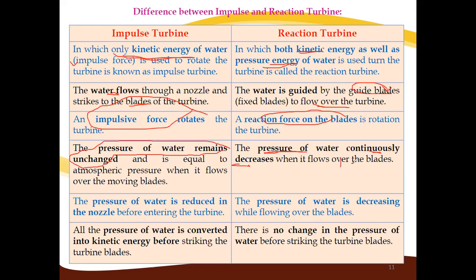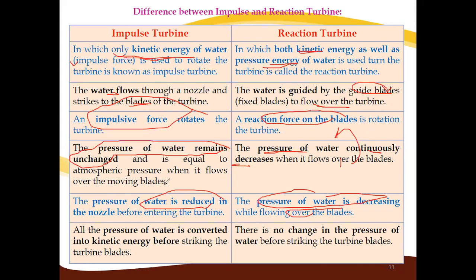Next, the pressure of water is reduced in the nozzle before entering the turbine, whereas in the reaction turbine the pressure of water is decreasing while flowing over the blades. So inside, the pressure is decreasing.